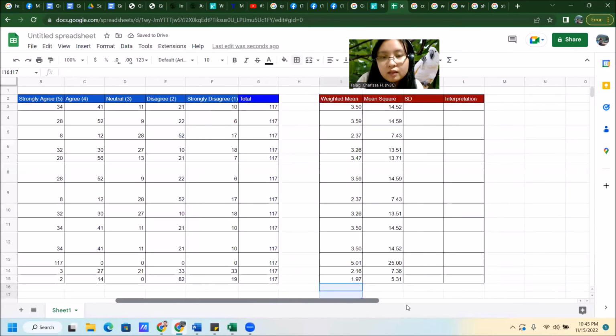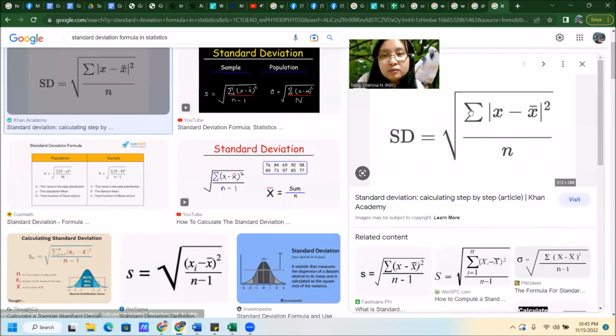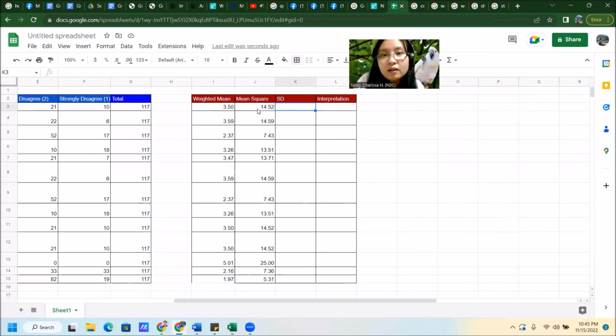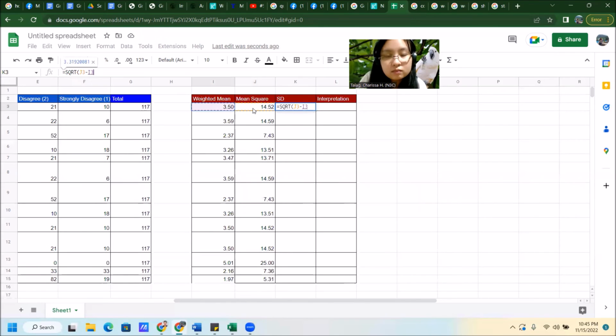And then, how to get the standard deviation. So, sabi dito sa formula ito, we have to get the square of the difference between the mean square and the weighted mean. So, ang gagamitin natin ay yung function na square root, mean square minus weighted mean.